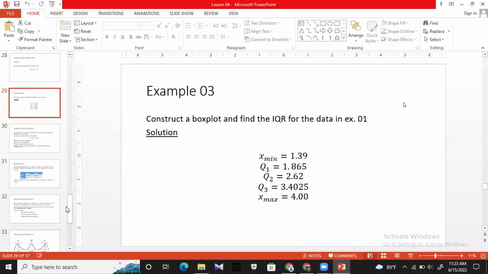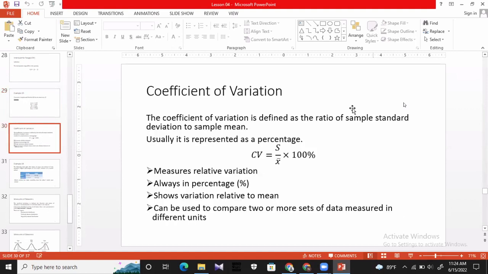Most probably tomorrow you will not have lectures because I have my personal work. For tomorrow's lecture, I will arrange another 2 hour lecture, maybe within this week or next week. Okay, right. So if you don't have any question regarding the box plot, we can go forward.